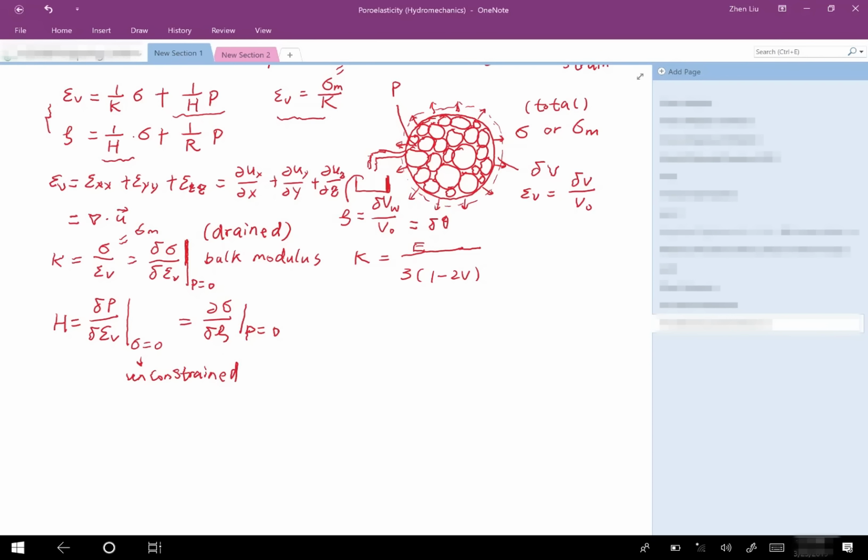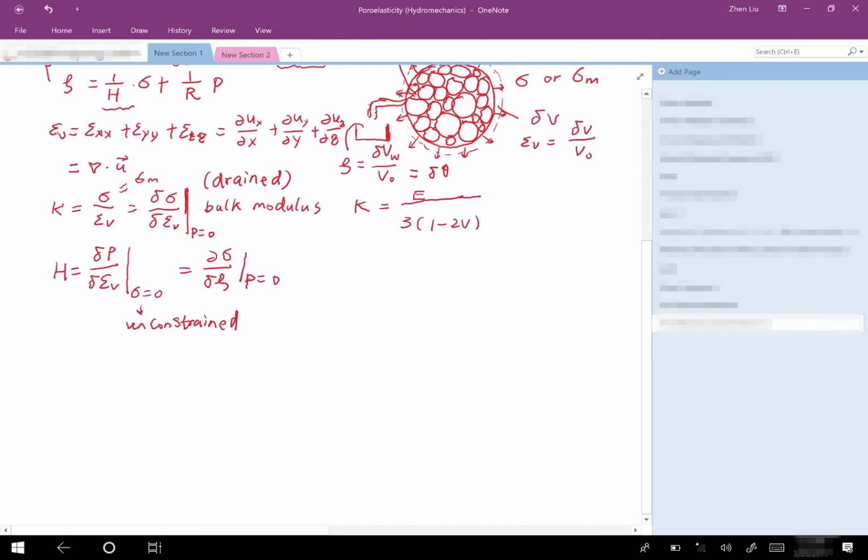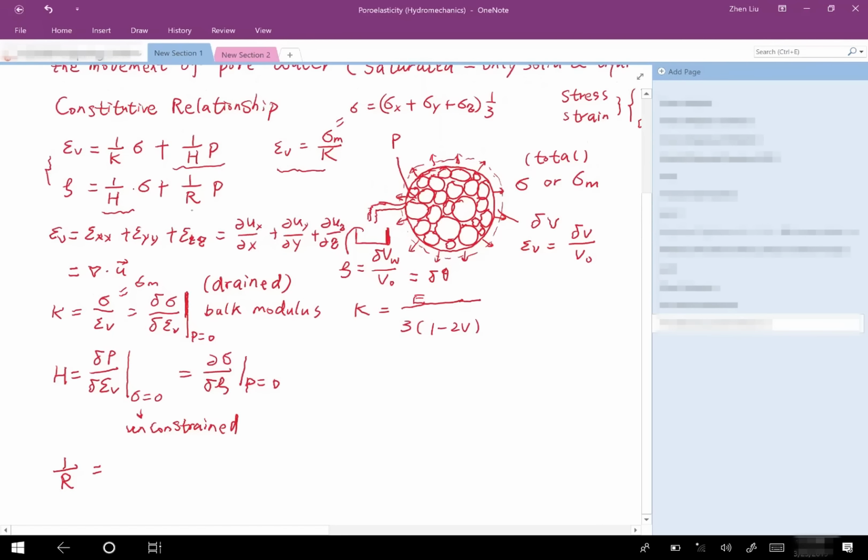And one more term. That is for this R. But for R, people are used to using the inverse of R instead of R. So for R, is defined, we need to use the second equation, right? Second equation, when you need to set this first term to 0. How do you set this one to 0?